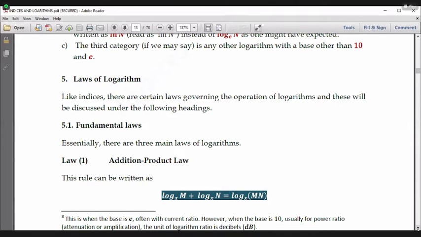The addition or product law tells us what is being done here. Log to base x of m plus log to base x of n is the same as log to base x of the product of the numbers.